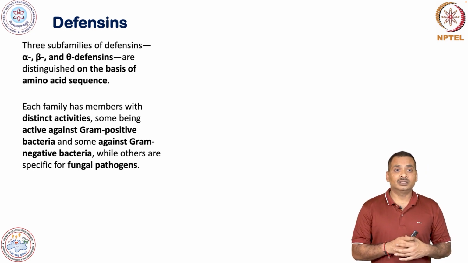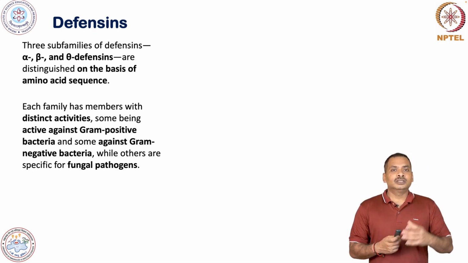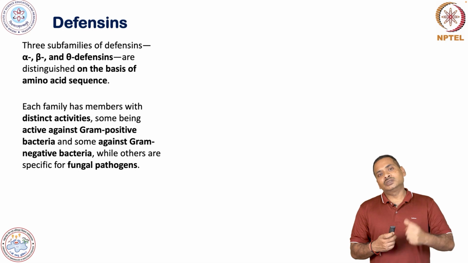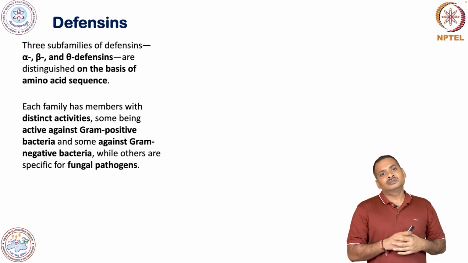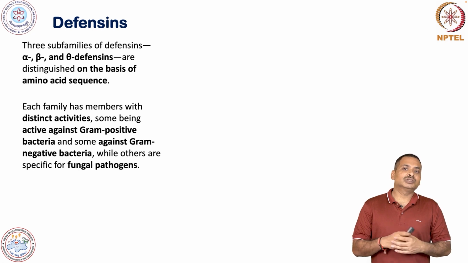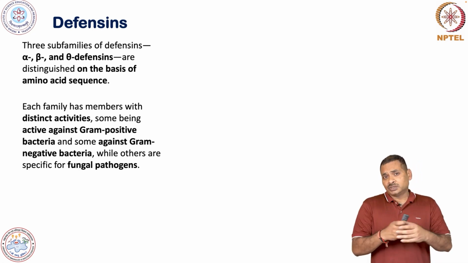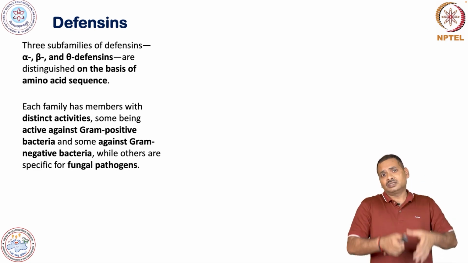They have antifungal property. And how it works, as I have explained, they are attracted towards the membrane of the microbial pathogen. It could be bacteria, gram positive or negative, or a fungal membrane, and then they are deposited in such a way that they create a hole.